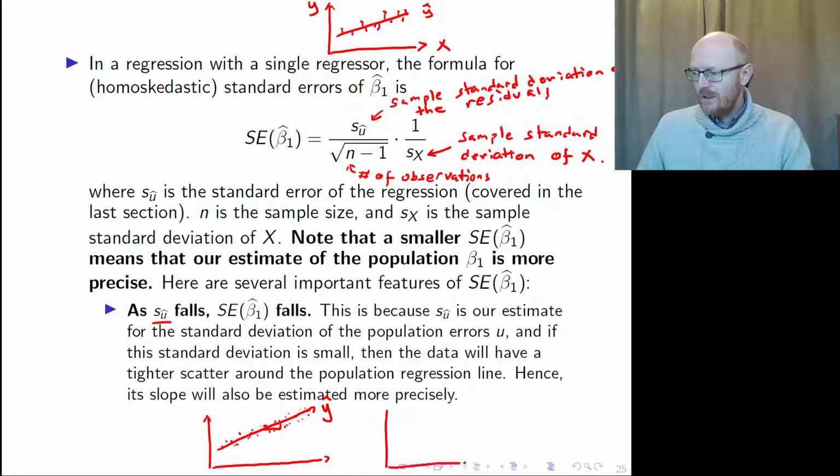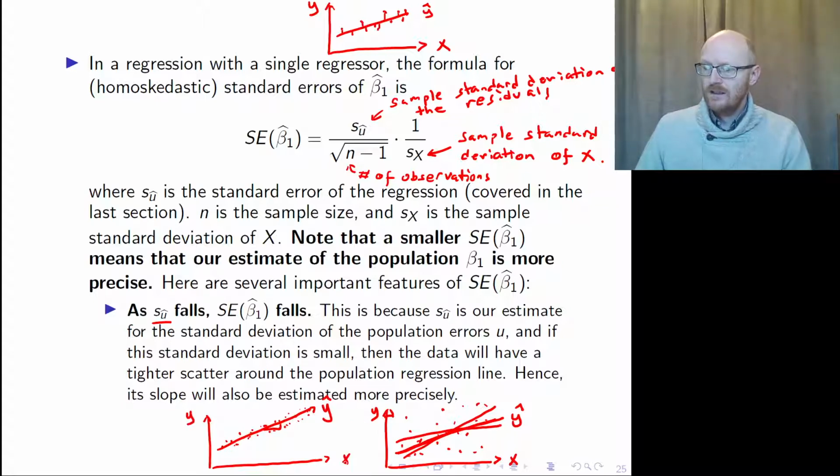Whereas if the residuals have a large dispersion, then you really don't know if the line should be here, or maybe like this or this, which means that as the standard deviation of the residuals falls, you are more certain of the model slope itself.